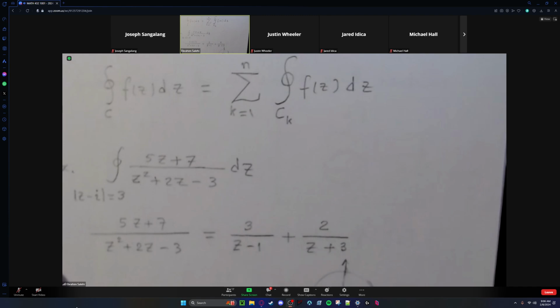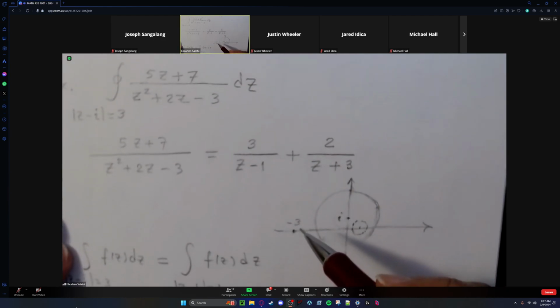And we are integrating over a circle of radius 3 centered at i. Here is i, and the radius is 3. So this circle, the curve that we are integrating over, is missing this bad point.